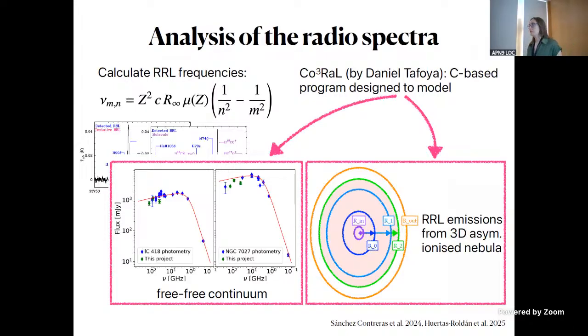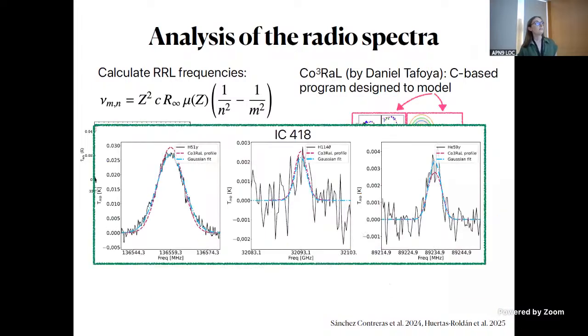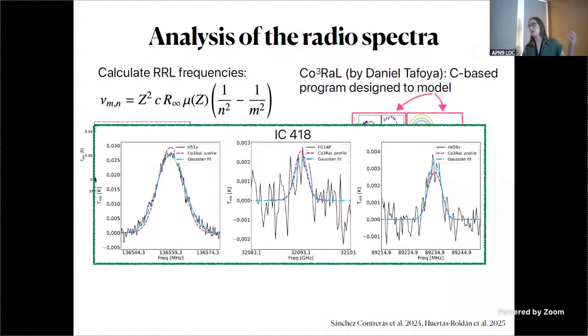We joined both results, and here we have 3 examples on IC 418, where we see that the model fits very well the spectral observations. And here in this planetary nebula, we detected hydrogen and helium radio recombination lines, some of them as weak as this one.